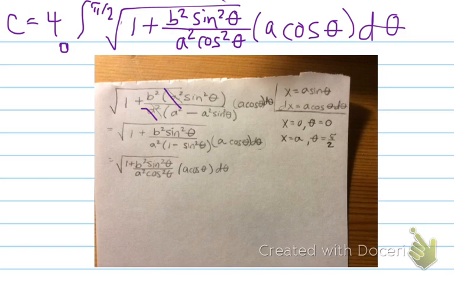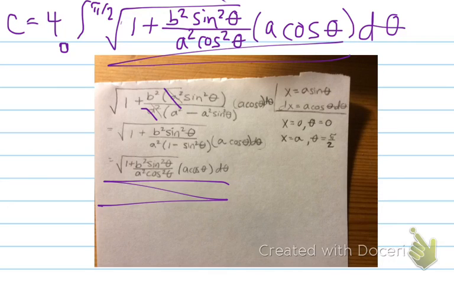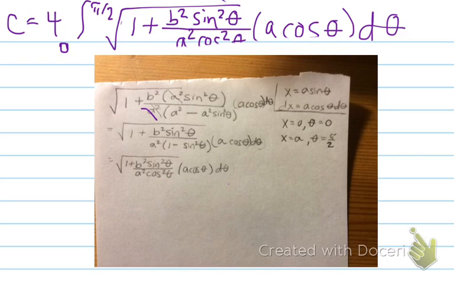So you can see that this is where they got what was inside of the integral, which they have right here. And then the last thing you might be wondering is where they got the integral from 0 to pi over 2. If you look over here, sorry, I didn't mean to erase all that stuff up there.